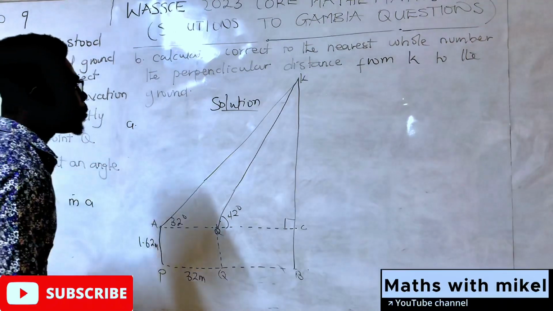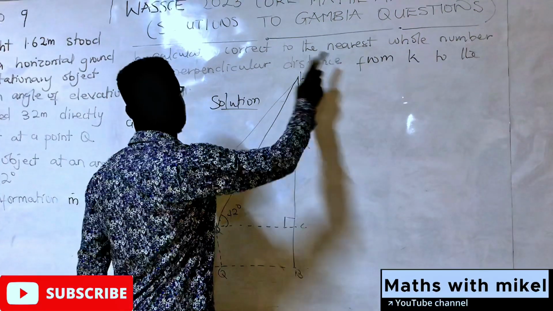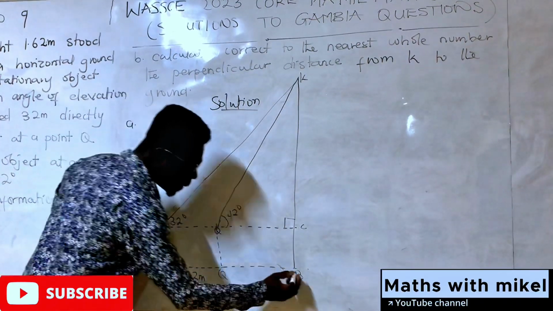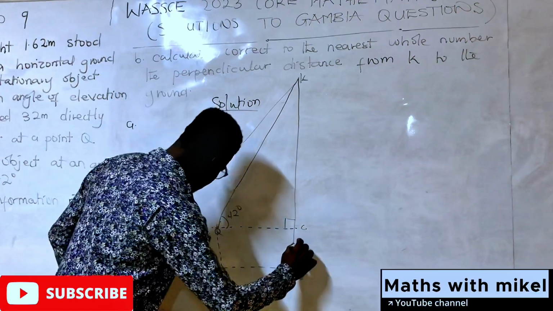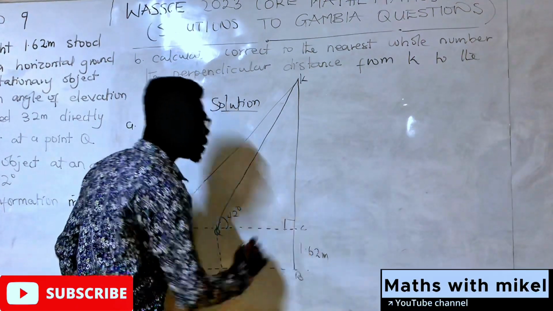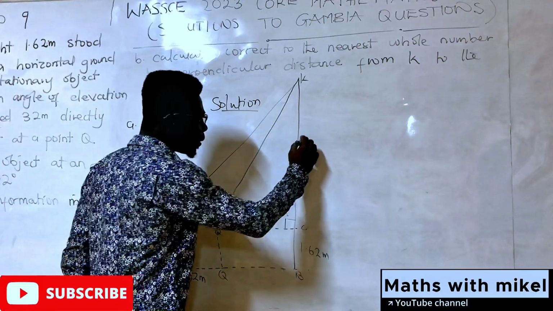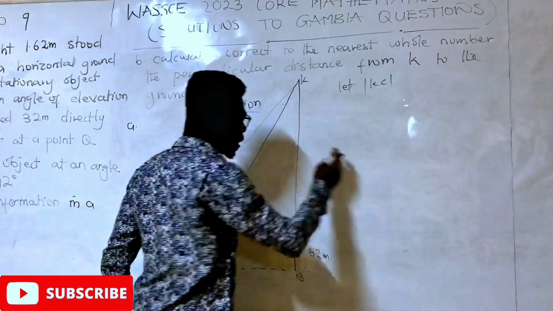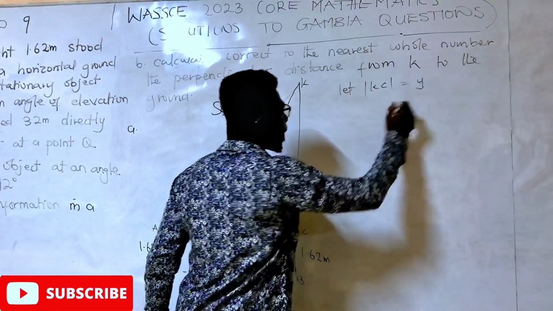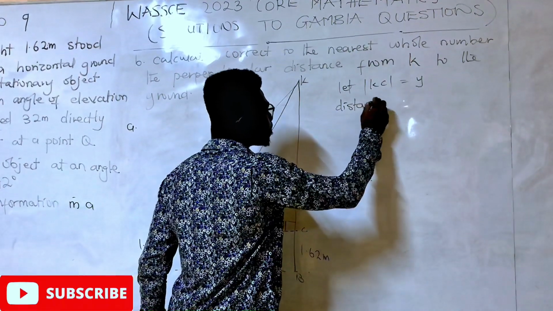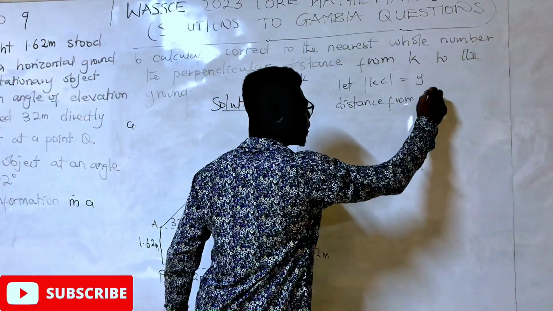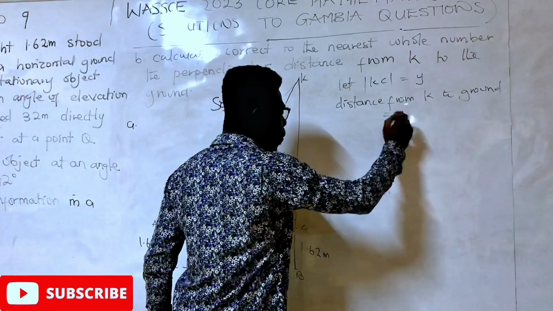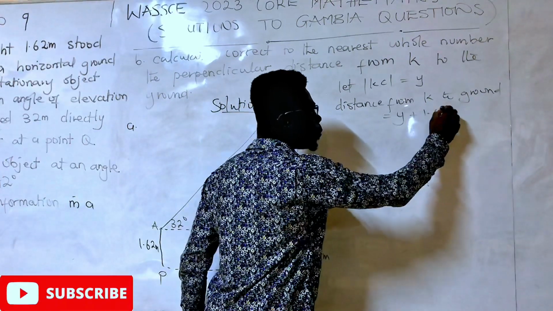B, we are asked to calculate to the nearest whole number the perpendicular distance from K to the ground. So if the man is standing, this point here, D to C is the 1.62 meters. So the perpendicular distance from K to the ground. So we can let length KC, that from K to C, be equal to Y. So distance from K to ground is going to be Y plus the 1.62 meters.